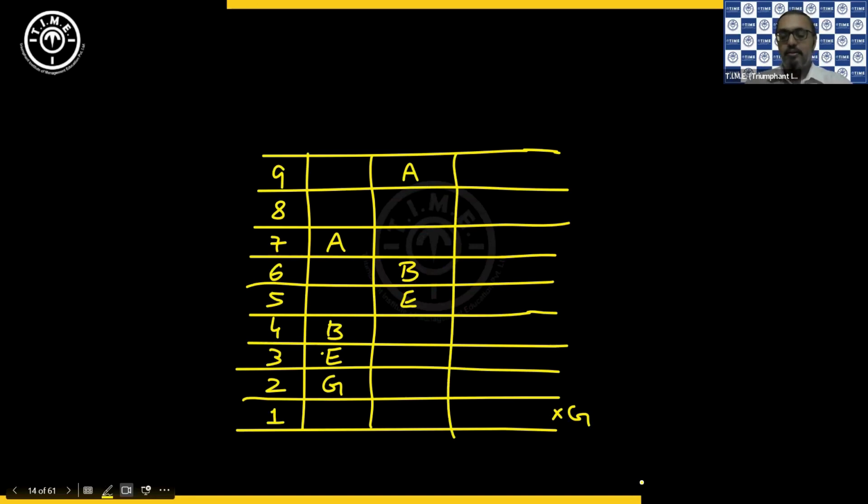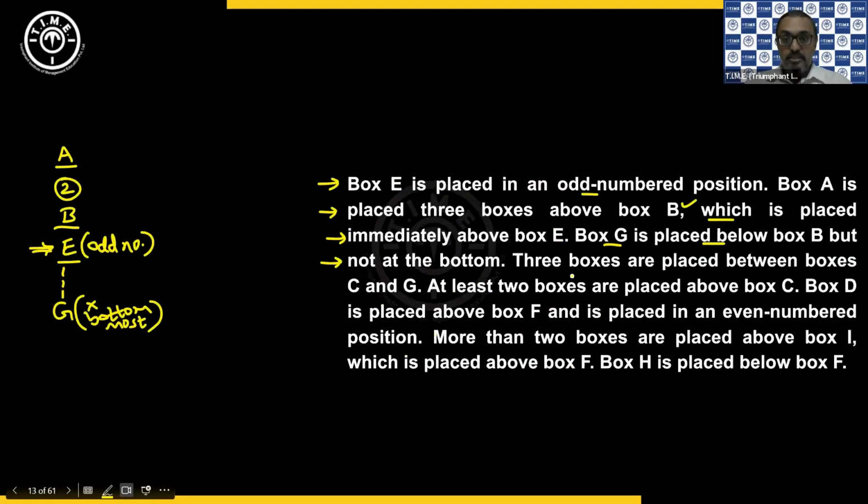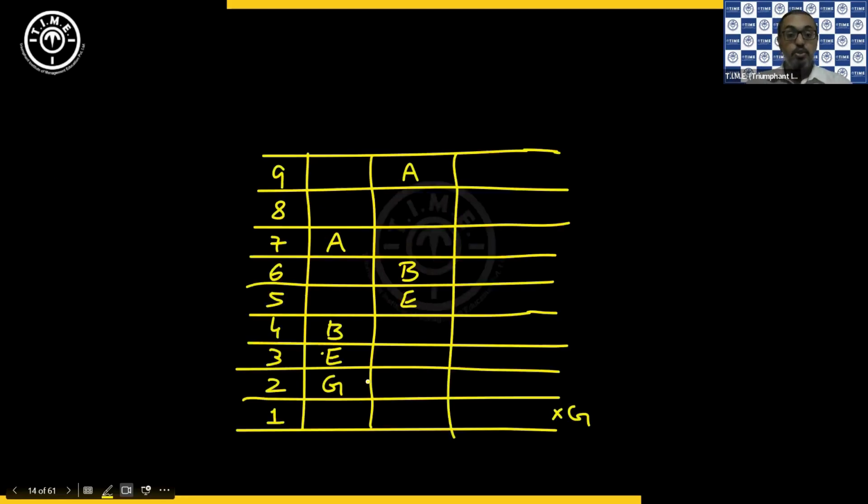Correct? Right. Now further, what he says: 3 boxes are placed between boxes C and G. Okay, 3 boxes should be there between C and G. So in the first case, above G only is possible. Leaving a gap of 3, you can have C in the 6th. Now below, you can put G in the 4th, then leaving a gap of 3 above, below is not possible.